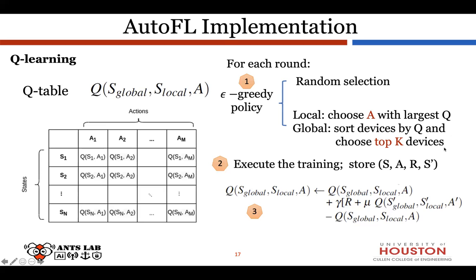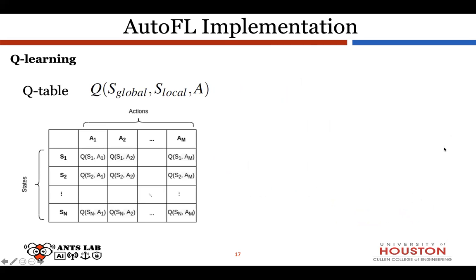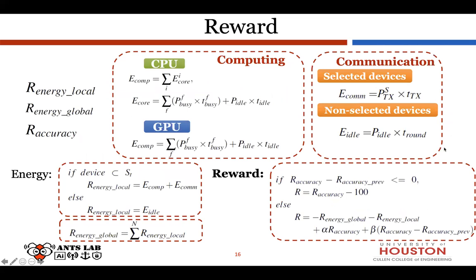Could you go to the previous page for the reward function again? So energy locally, reward function, the accuracy is energy global, energy local.